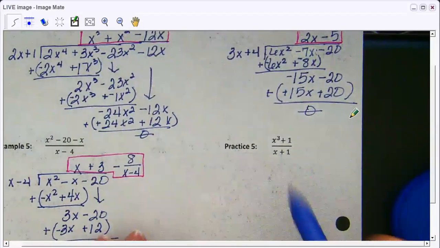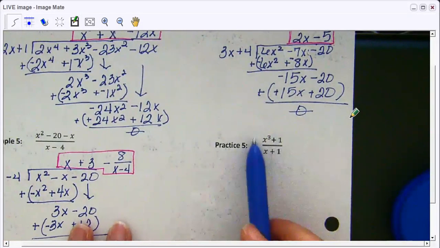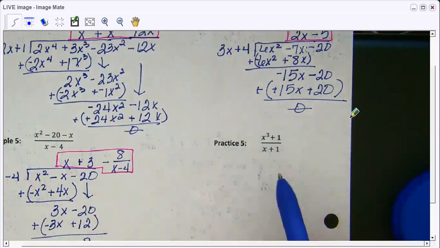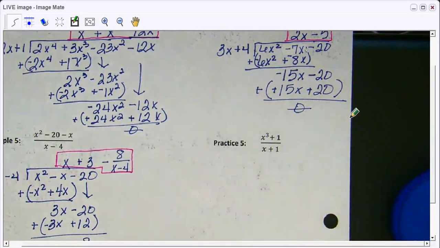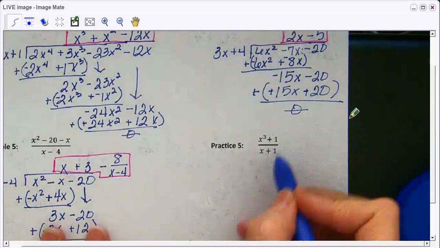So for example number 5, in the numerator, they go from x cubed to just a whole number without any variables, and you can't divide, you need to make sure that you're filling in the x squared and the x. So this is how you would set this one up.